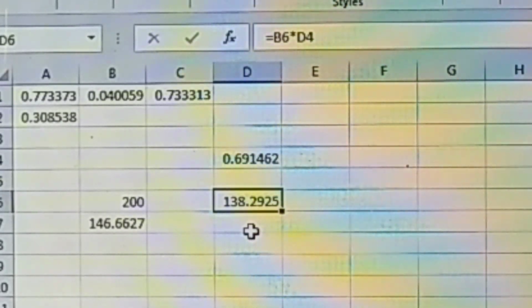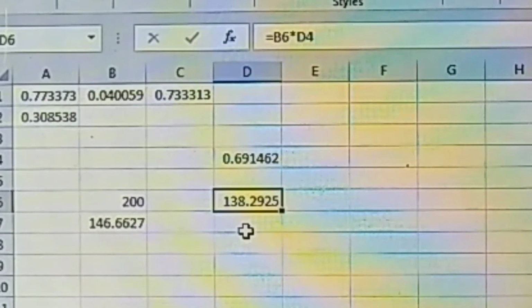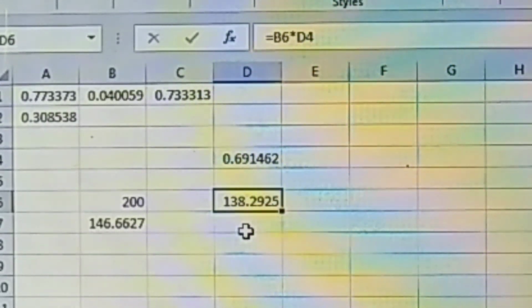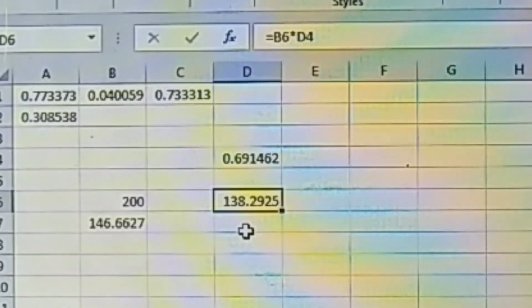To interpret that, in 200 shoppers that will enter the store, 139 would be the shoppers in the store in the time interval 39 minutes and above.